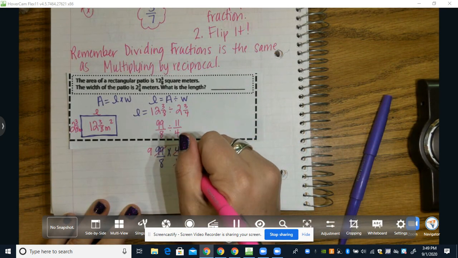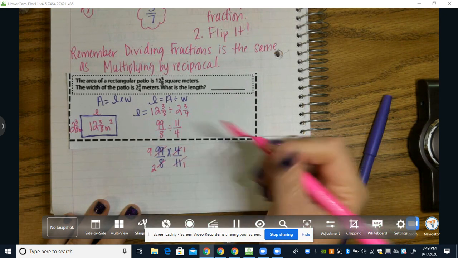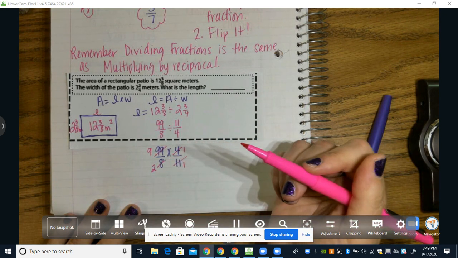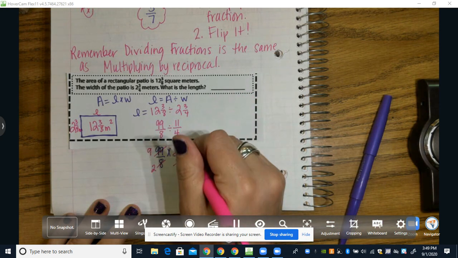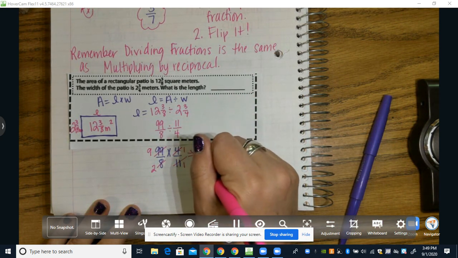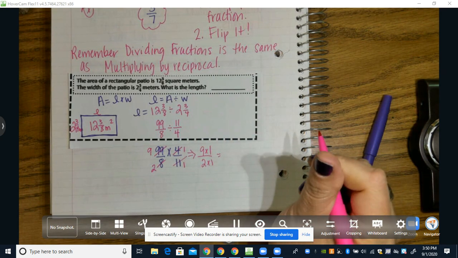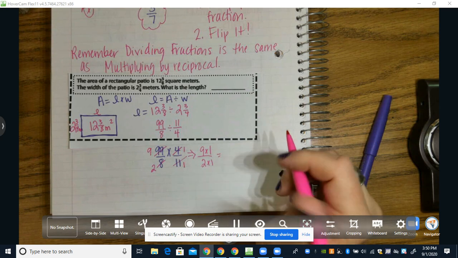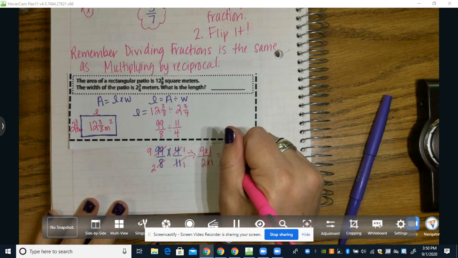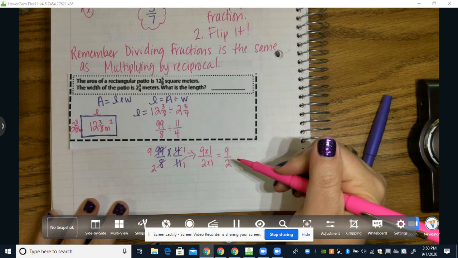So divide them both by 4, and 4 divided by 4 gives me 1, and 8 divided by 4 gives me 2. So now I have 9 times 1 over 2 times 1. A lot nicer numbers to deal with. So 9 times 1 gives me 9, 2 times 1 gives me 2. Now I have 9 halves.